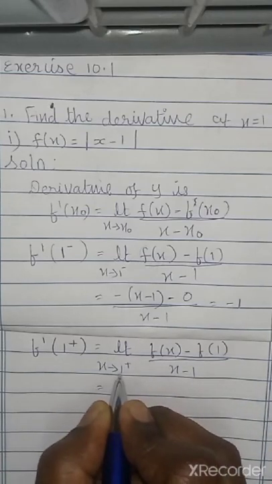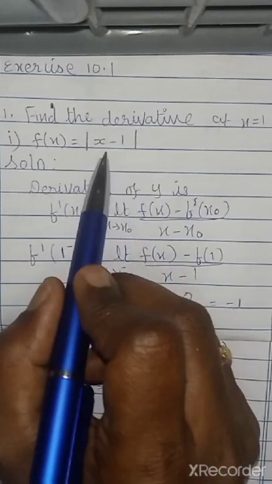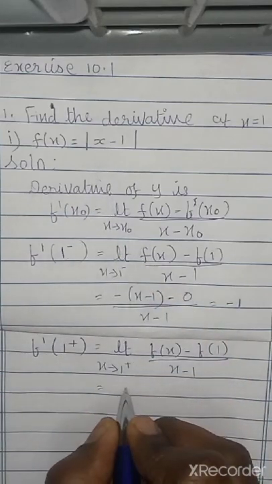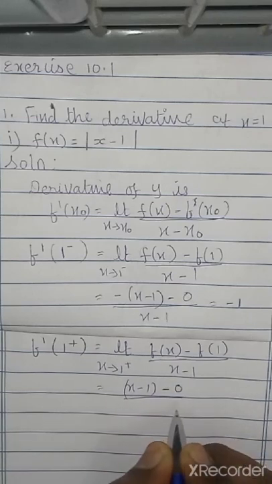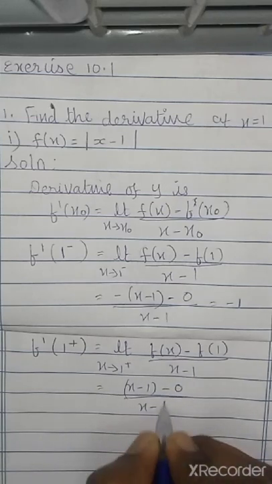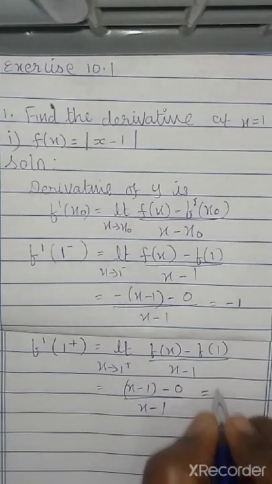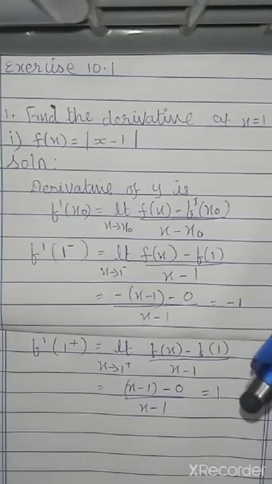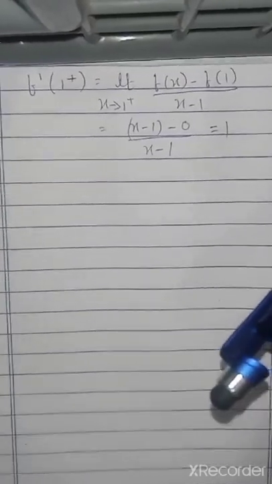Okay, on the right of 1, this mod will become positive. So this will become x minus 1 minus 0 divided by x minus 1. x minus 1 will get cancelled. So what answer will you get? The answer is 1.